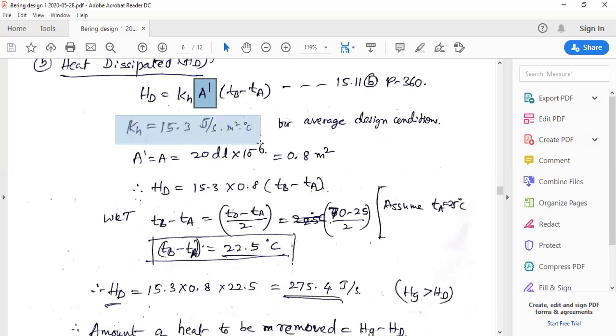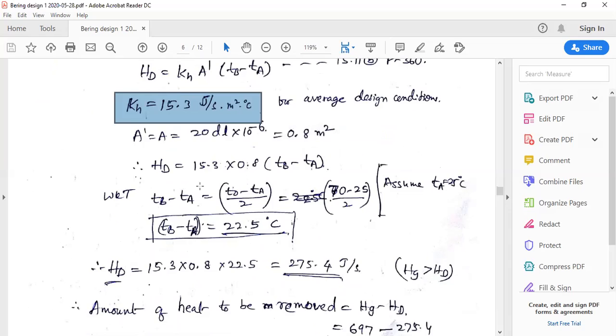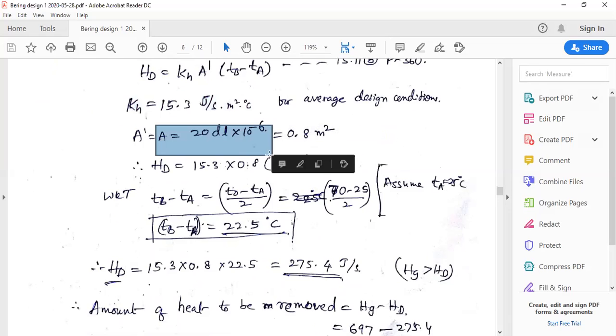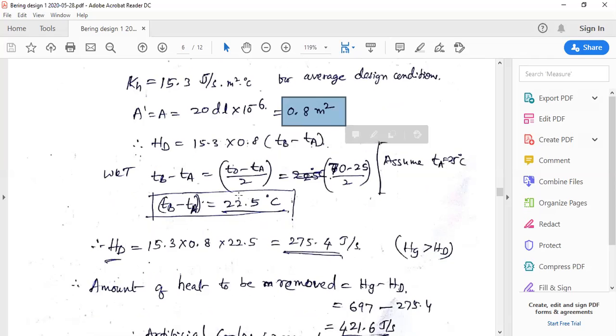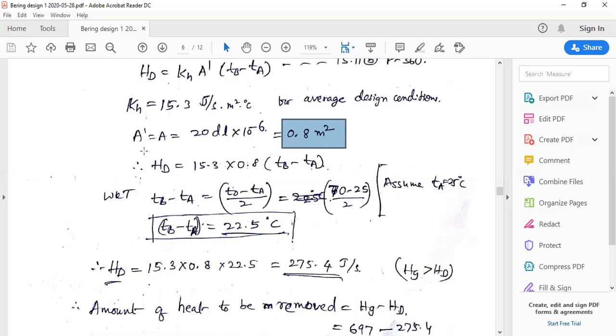KH is equal to 15.3 joules per second per meter square degree centigrade for average design considerations, and A is the area, 20 dl into 10 raised to minus 6, so the value we get here is 0.8 meter square. Before substituting the values, TB minus TA is also required.